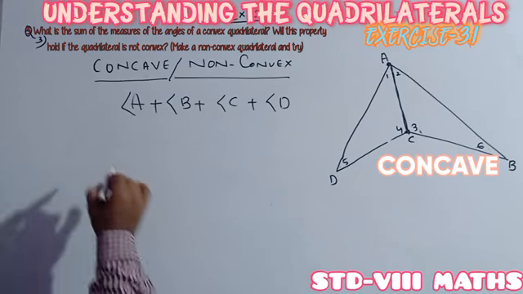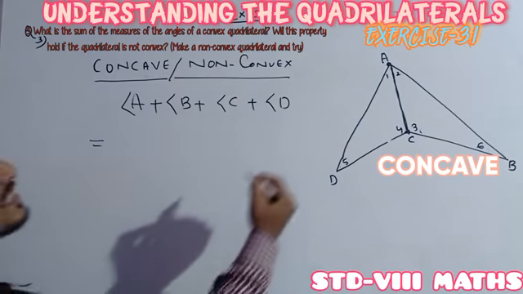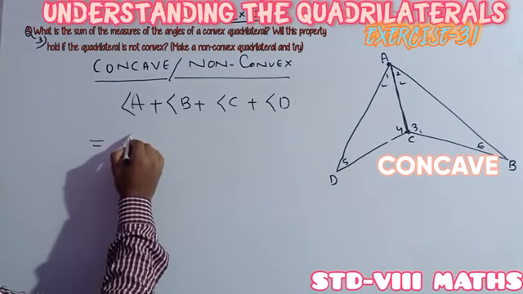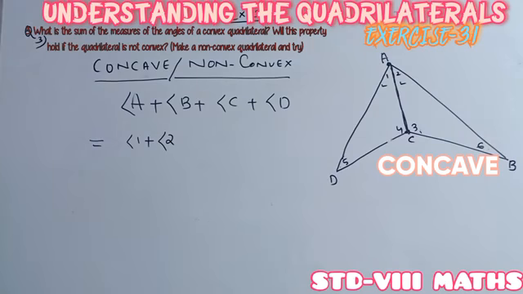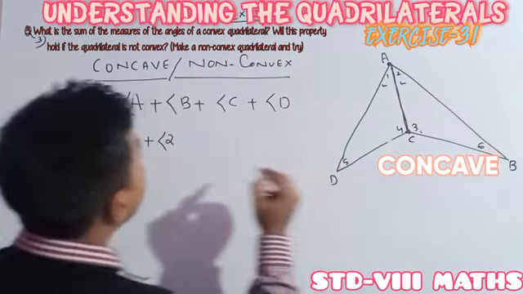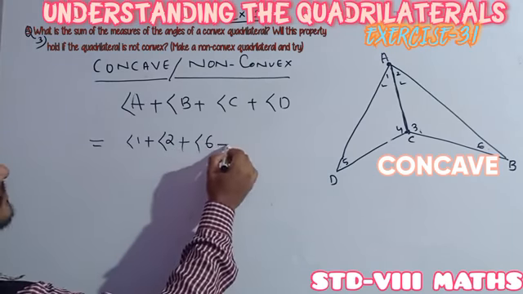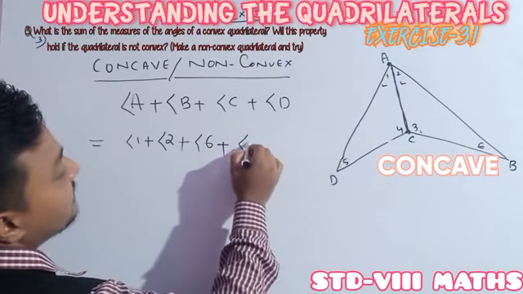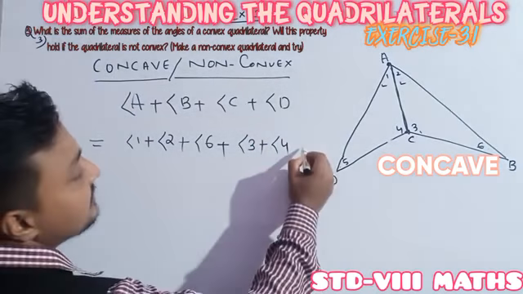See, in place of angle A, how much do I have to write? Angle A is clearly the sum of angle 1 and angle 2. So in place of angle A, I write angle 1 plus angle 2. Angle B is the same as angle 6. Angle C is the sum of angle 3 and angle 4, so here I write angle 3 plus angle 4. And angle D is angle 5.